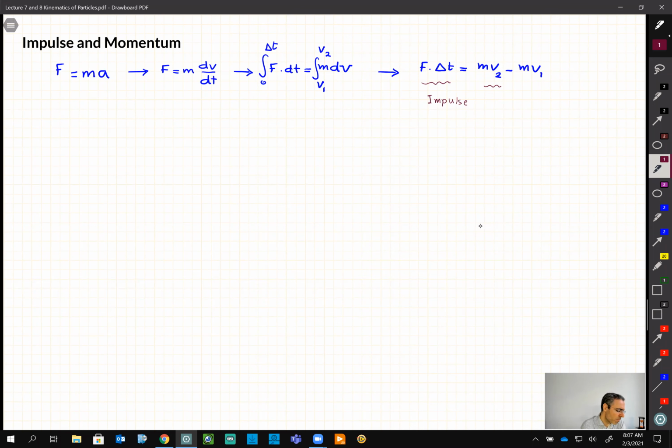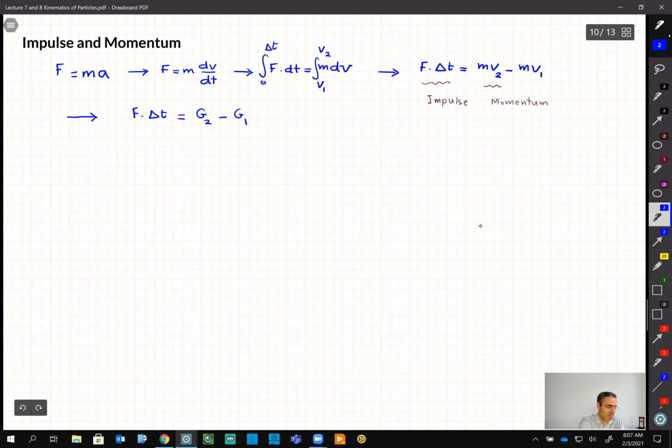We show it by G, so it's going to be G2. Or let me just write down momentum. Let's simplify it and show it by formula. I can write F multiplied by delta t is equal to G2 minus G1. And G is just a parameter we use for momentum.